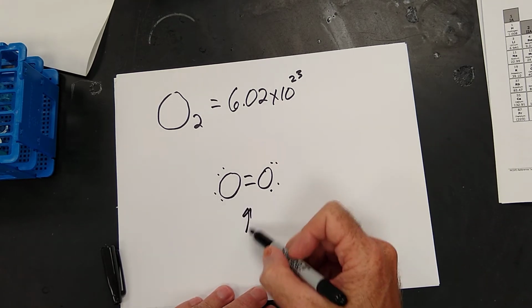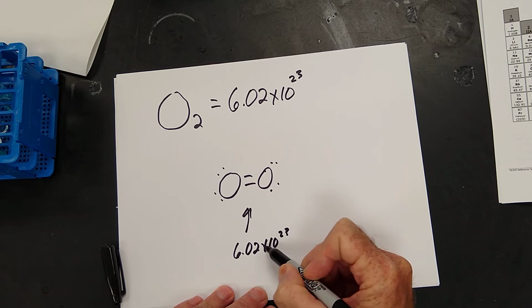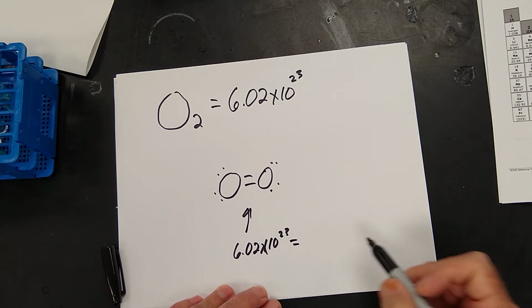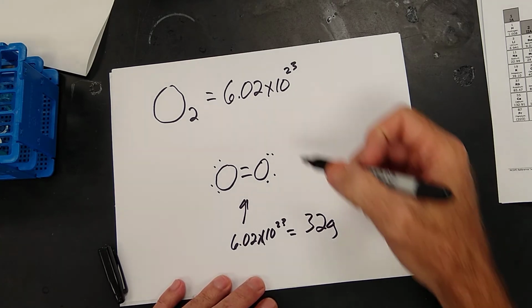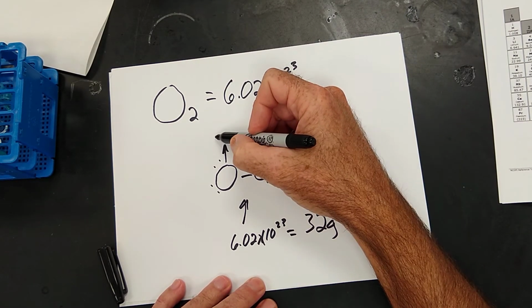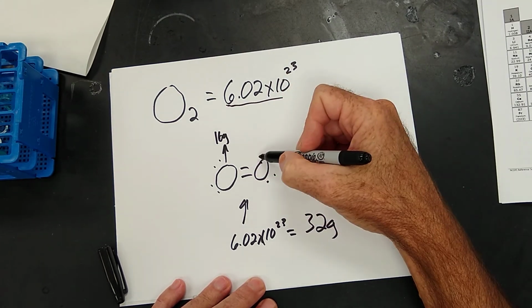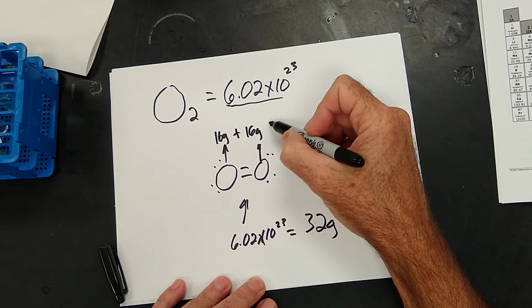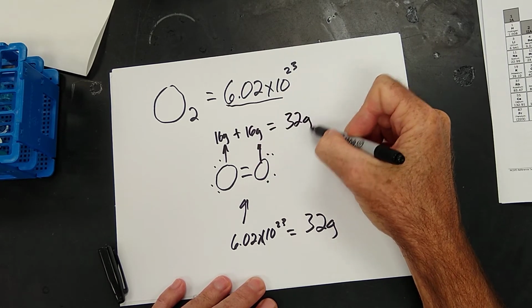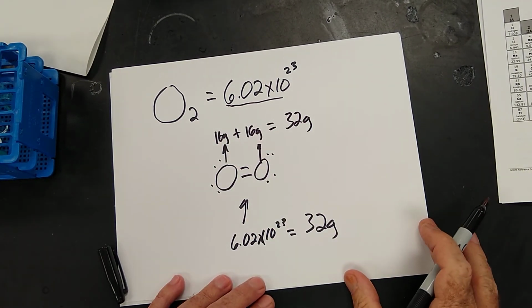If we had 6.02 times 10 to the 23rd of these, it would weigh 32 grams. Mr. Perkins, where'd you get that? Well, this oxygen, 16 grams. If you had this many of these, it weighs 16 grams, but you also have another one to match it every time. What's 16 plus 16? 32 grams. You literally just add up oxygen from the table.